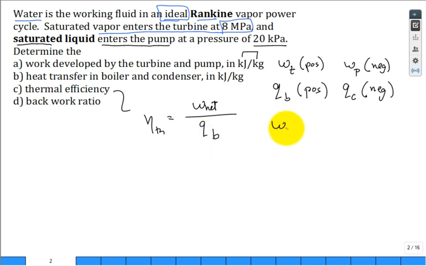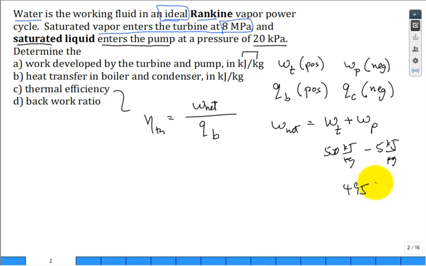This Wnet is equal to W of the turbine plus the W of the pump, but because it's negative, it's actually going to reduce it. Maybe this is, I don't know, 500 kilojoules per kilogram, and this is minus 5 kilojoules per kilogram, indicating that it's 495 kilojoules per kilogram positive out of the cycle.